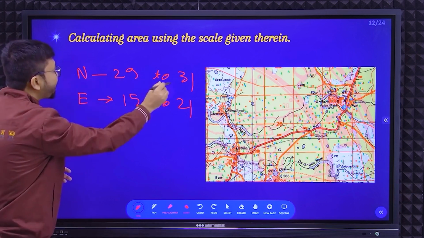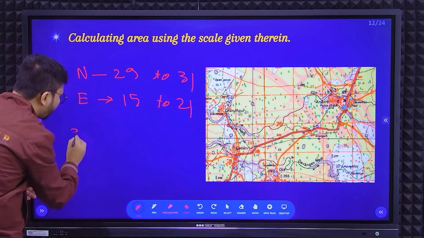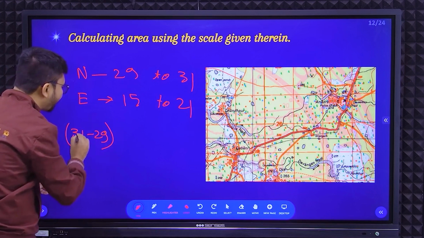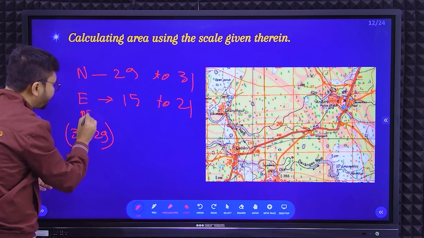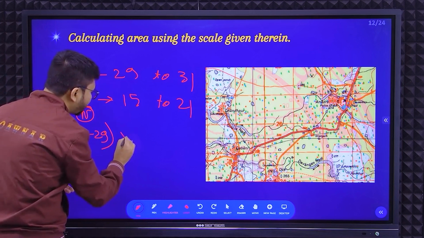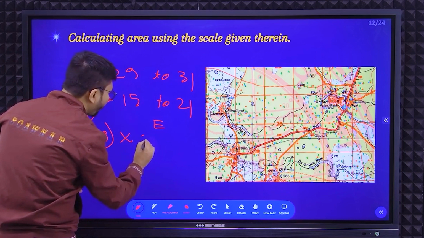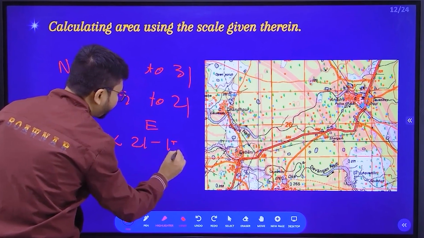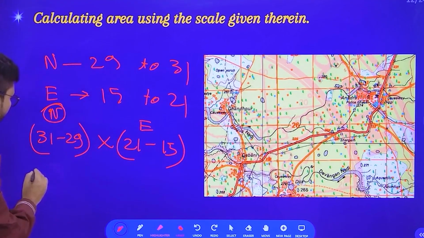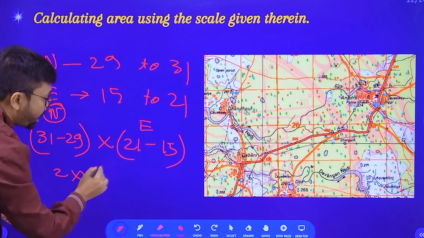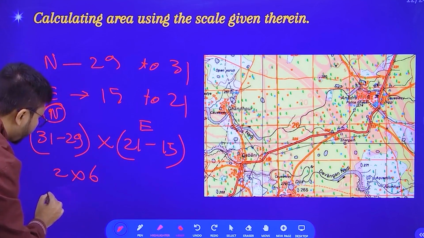Here the difference between the northing is 31 minus 29, in one bracket, multiplied by the difference between the easting, 21 minus 15. So it is 2 into 6, which is 12.